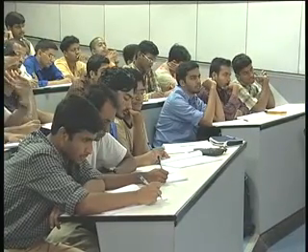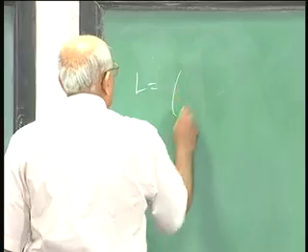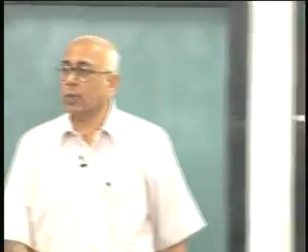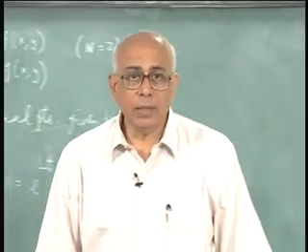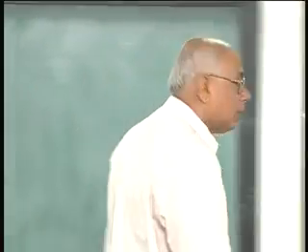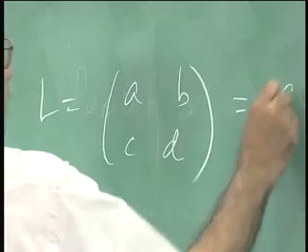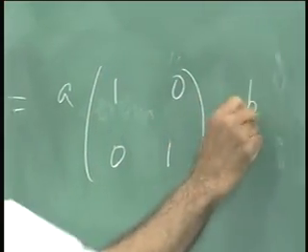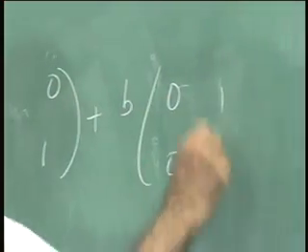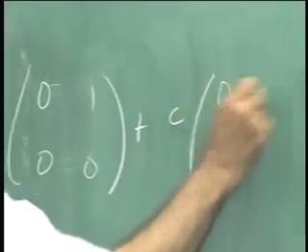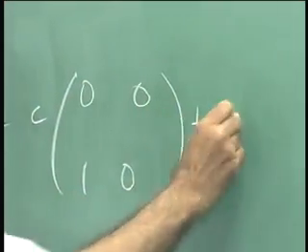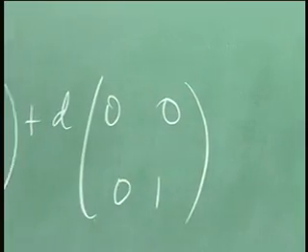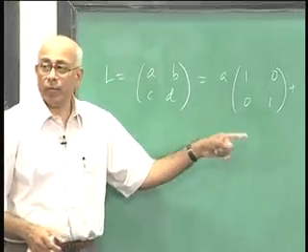You see, the difficulty is that if you took a matrix L equal to A, B, C, D, and you want to find L squared, L cubed and so on, this can be extremely tedious. The reason is that this is shorthand for A times (1 0; 0 1) plus B times (0 1; 0 0) plus C times (0 0; 1 0) plus D times (0 0; 0 1).